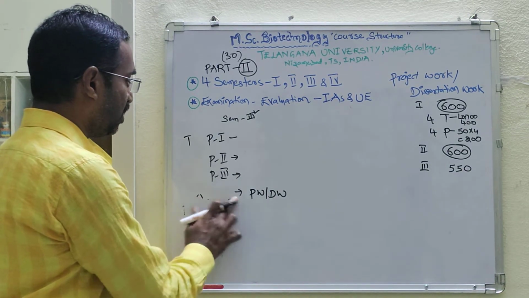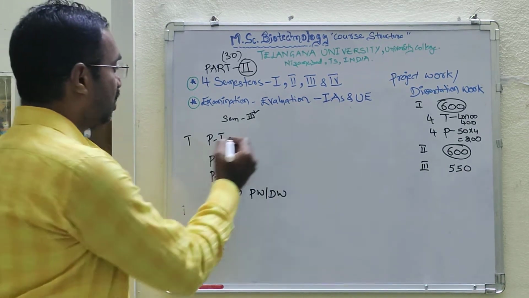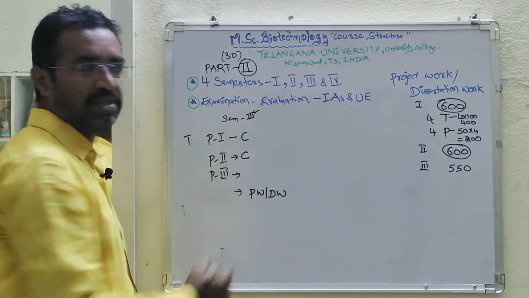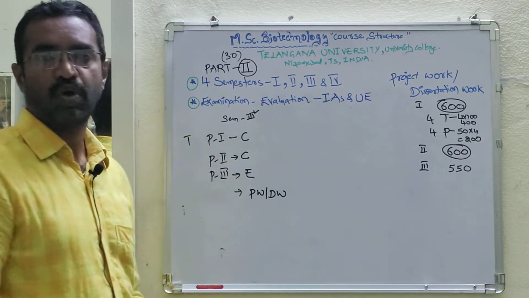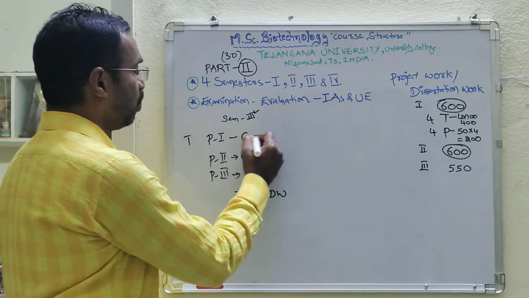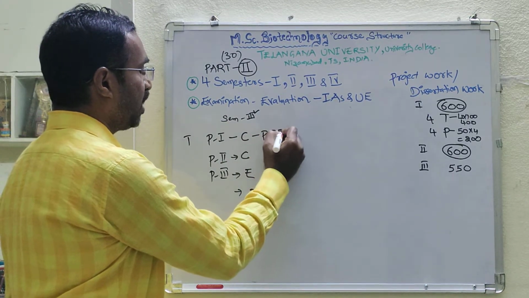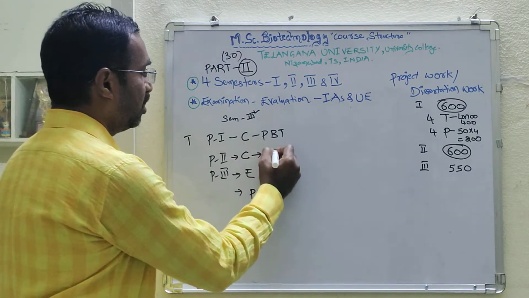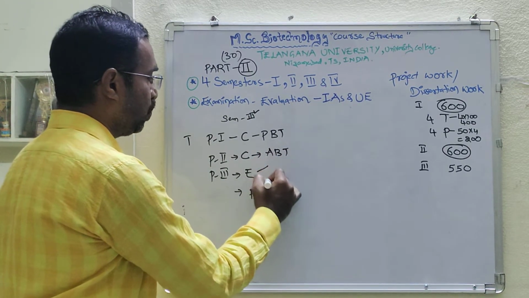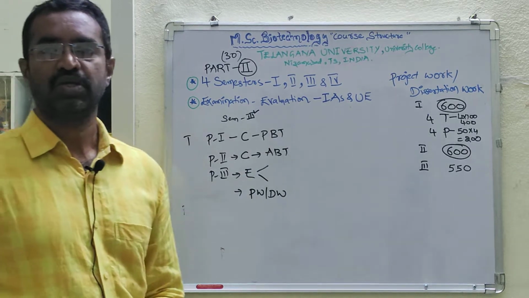Apart from that, of the other 3 papers, 2 are core papers and the other is an elective paper. The first core paper deals with plant biotechnology, the second core paper deals with animal biotechnology. 2 electives are given to the students.